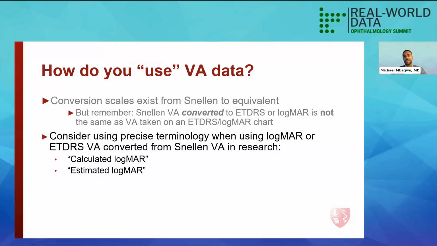The point I'm trying to make here is if it wasn't taken refracted, and if the visual acuity wasn't obtained on a LogMAR chart such as ETDRS, and you do apply those conversions, make sure that you always explain the data that you have, calculated LogMAR, estimated LogMAR, something of that nature. I think that highlights the process you used and avoids misrepresenting your visual acuity data.